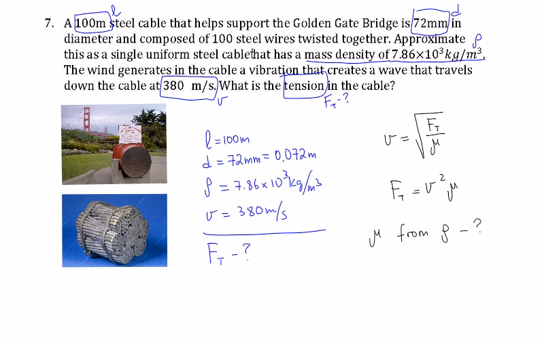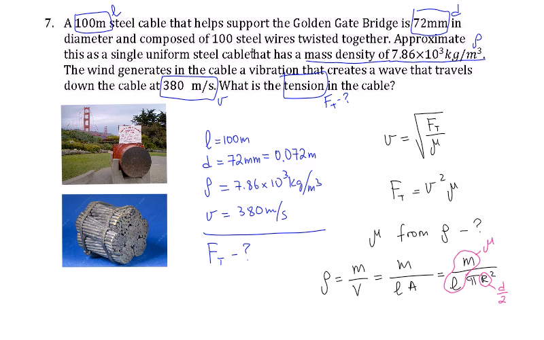Well, let's start with the definition of rho, which equals mass per volume. And the volume is the length times the cross-sectional area. And that cross-sectional area will be pi r squared. Now, if we take a closer look, mass per length is actually our mu. And then I can represent the r in terms of the diameter: that's the diameter over 2.